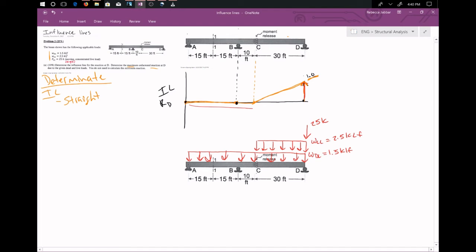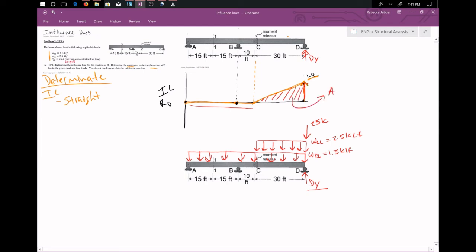And just like normal, this is D_y. That's the only reaction we have at D. We want to know what this would equal based on this loading and the information that we have. So we use this area.